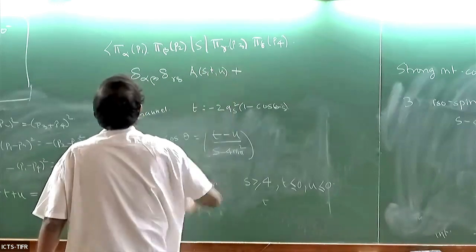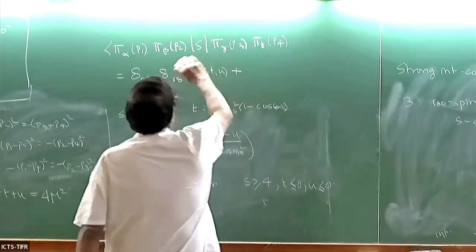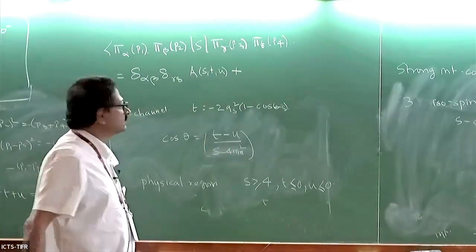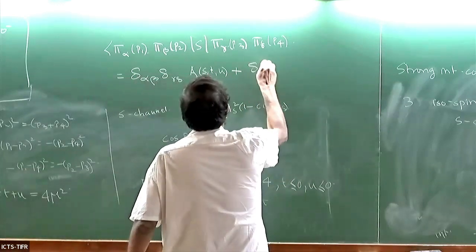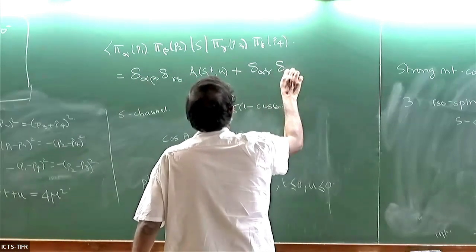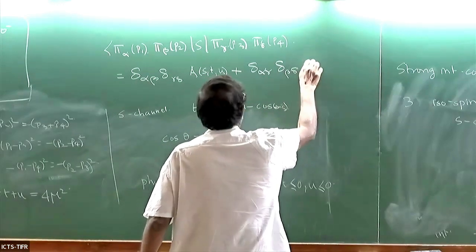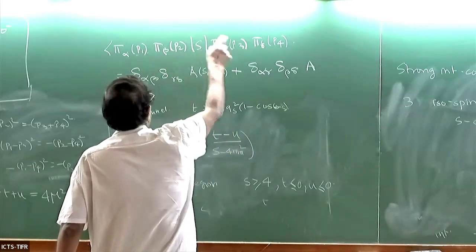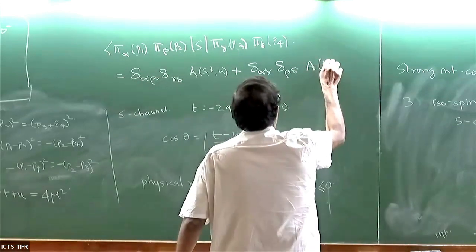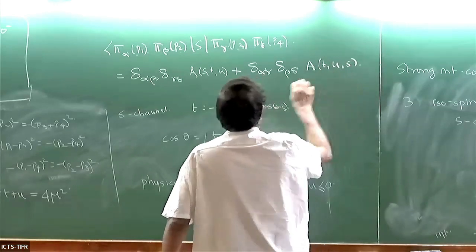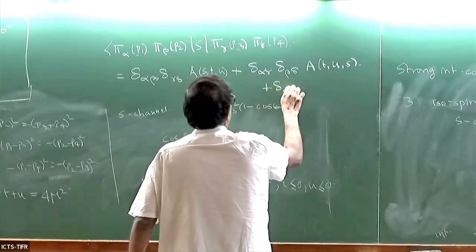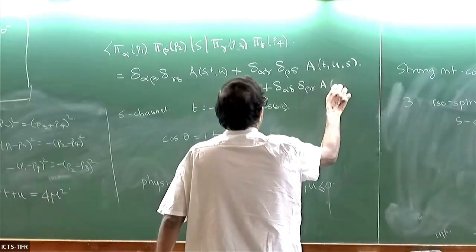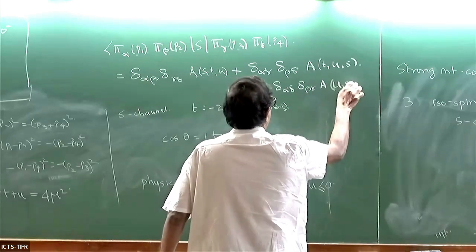What are the other possibilities of having various tensors stitched out of these isospin labels? You can have a delta alpha gamma and delta beta delta, and I now have to switch it because now it's going to involve P1 and P3. So this I'll call A(T,U,S). And then finally a delta alpha delta, delta beta gamma, and I'll call this A(U,S,T).